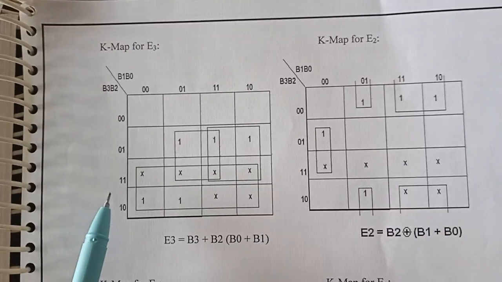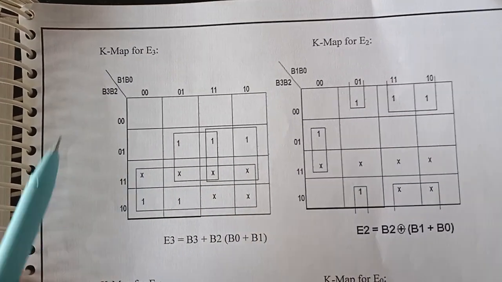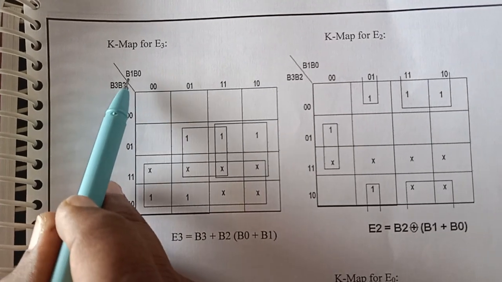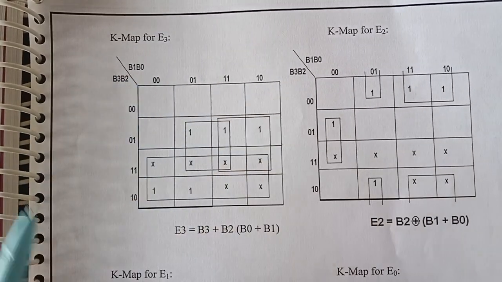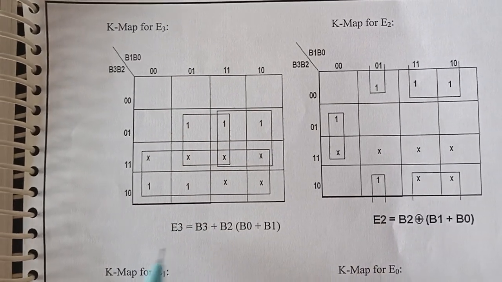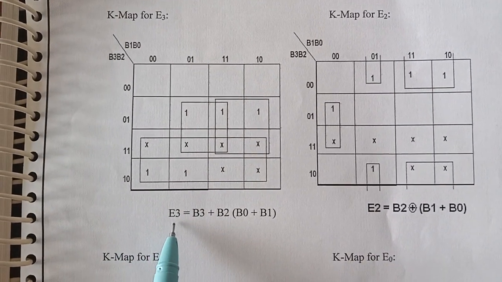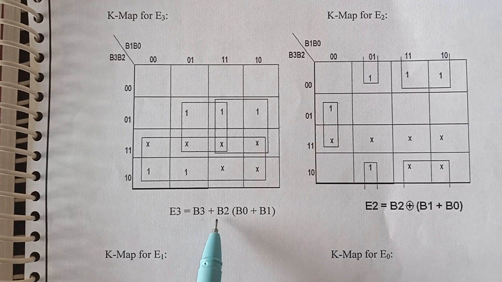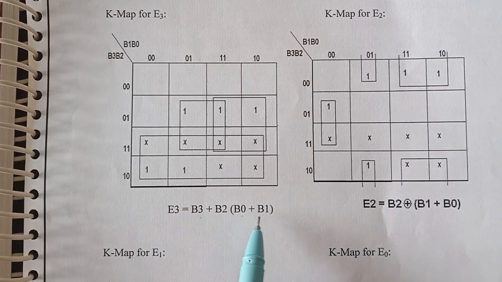This is the K-map for the output expression E3. Here the inputs are B3, B2 and also B1, B0. After calculating the K-map, E3 is equal to B3 plus B2 into (B0 plus B1).